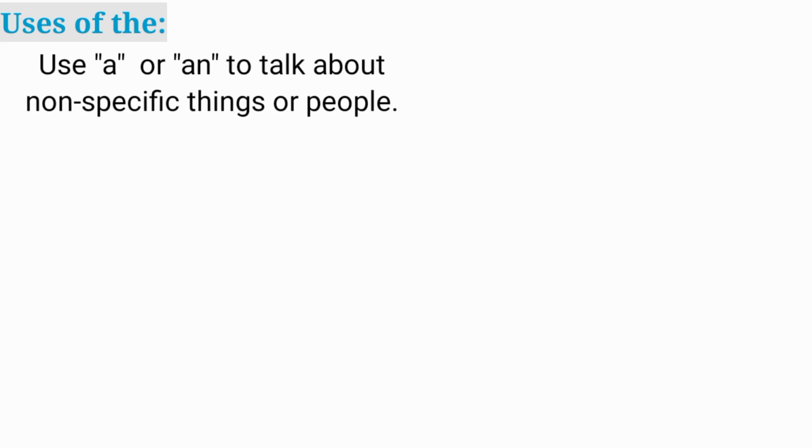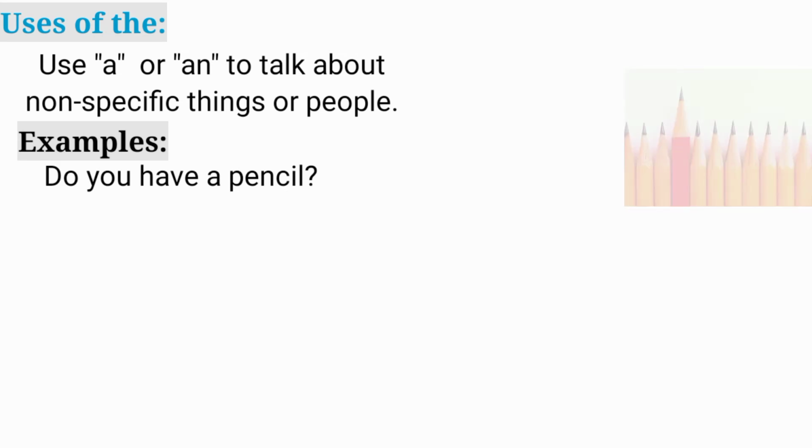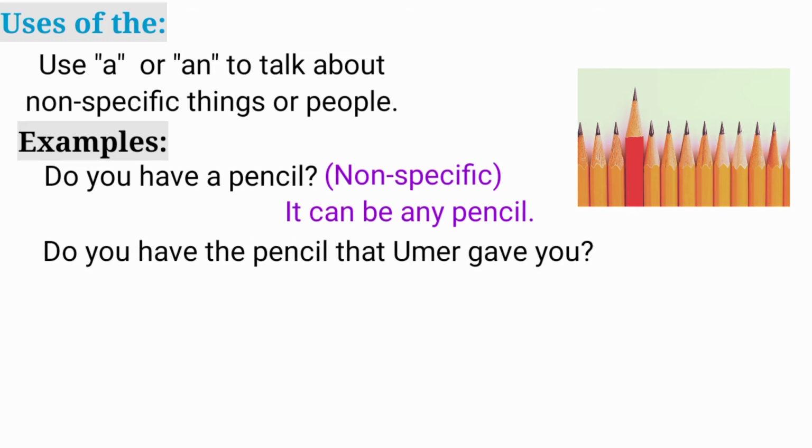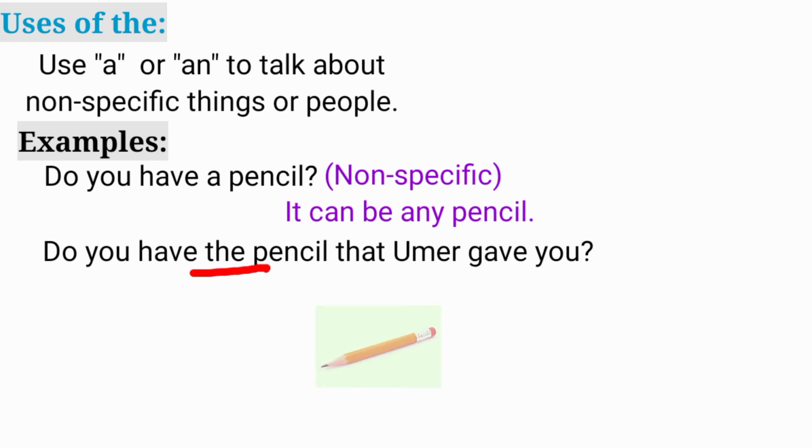Rule number 5. Use a or an to talk about non-specific things or people. For example, do you have a pencil? Now here a pencil is non-specific because it can be any pencil. Number 2. Do you have the pencil that Umar gave you?